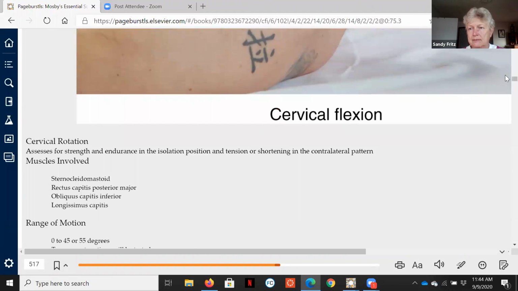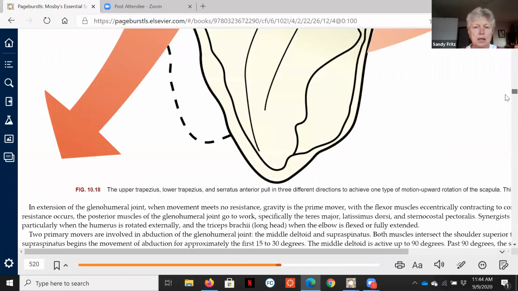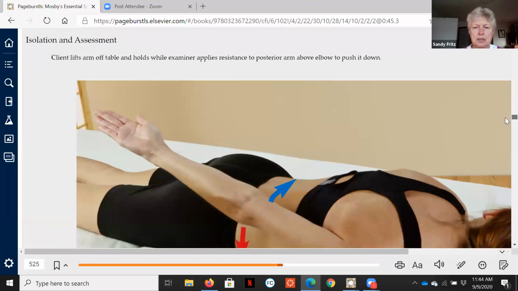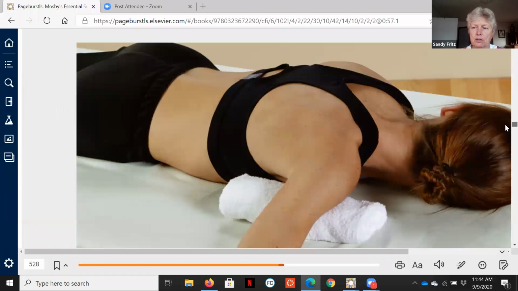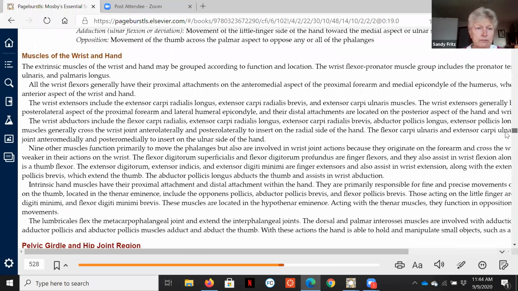And it's based on functional movement. So this is important. And then we'll have another body area and all the movements that go with it, and another body area and all the movements that go with it. And it really starts to consolidate all of your information.